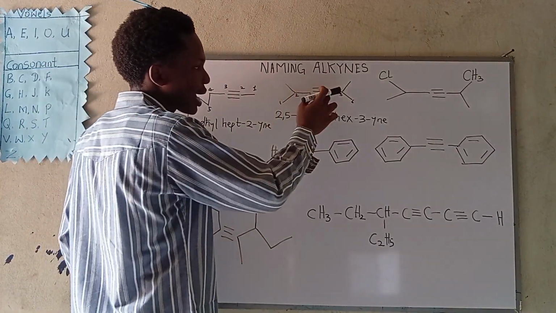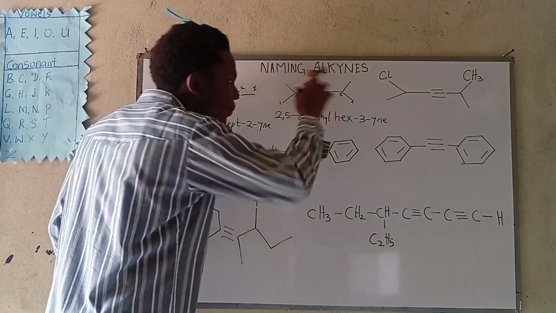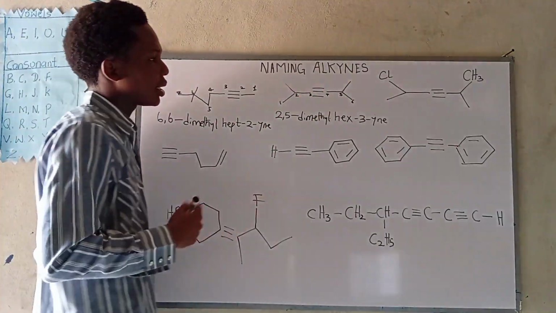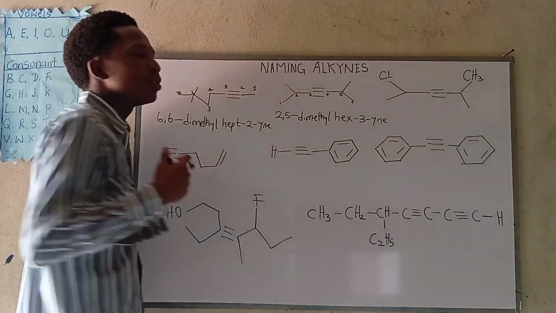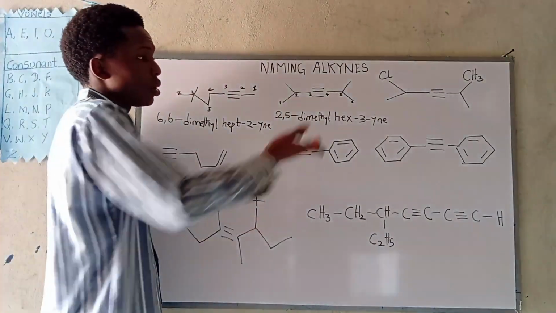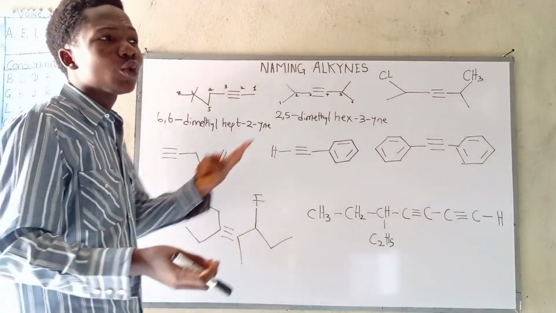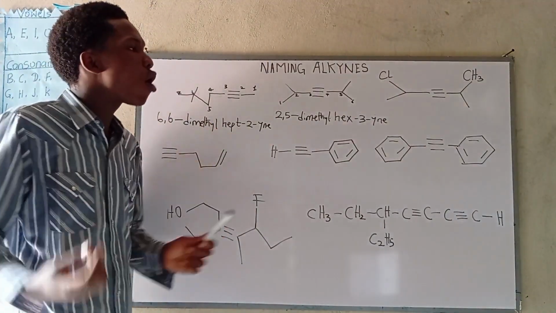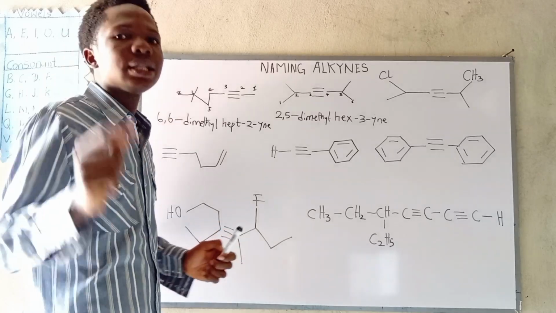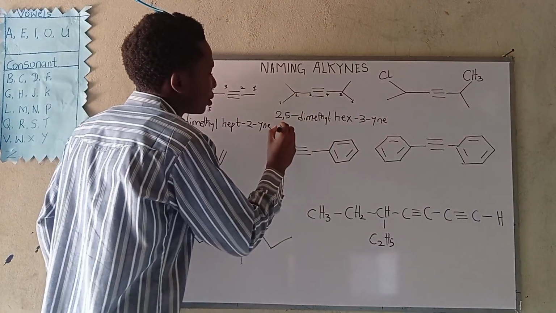Obviously there's a carbon here, there's a carbon here. So if we circle this place out, we get acetylene. And after we've gotten acetylene, the other side and the other side are obviously an isopropyl group. Also an isopropyl group. That makes it 2 isopropyl groups. So we can easily call this diisopropyl acetylene. Okay, so now let me write it down.